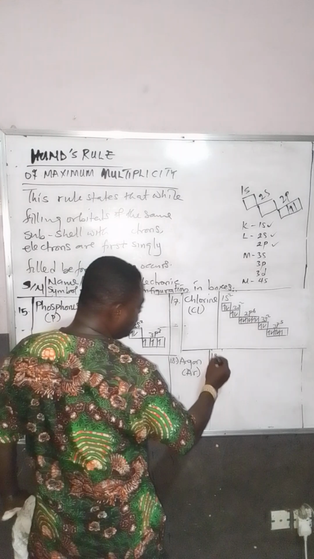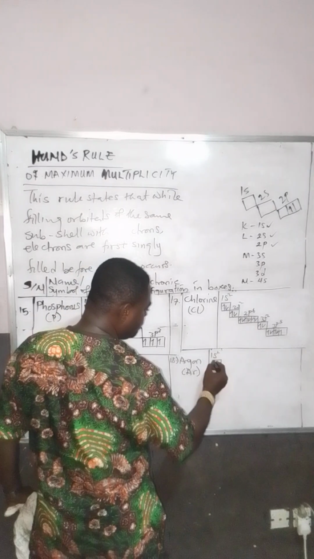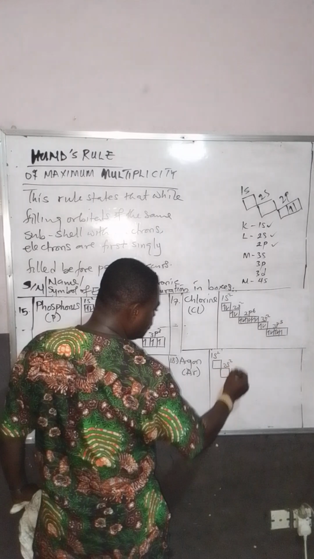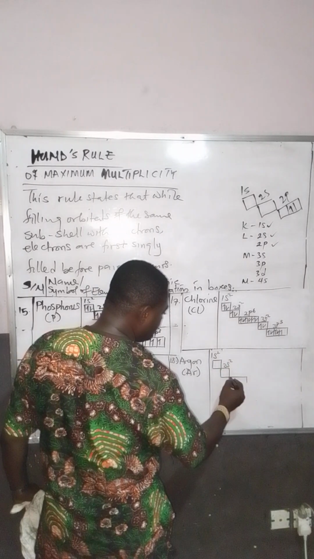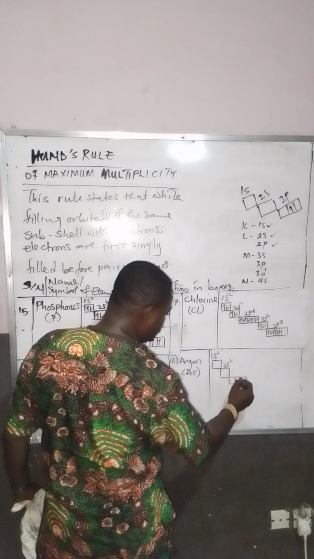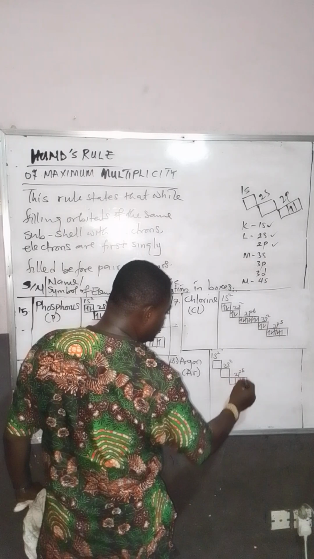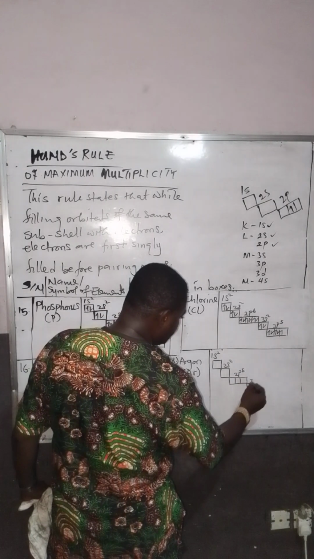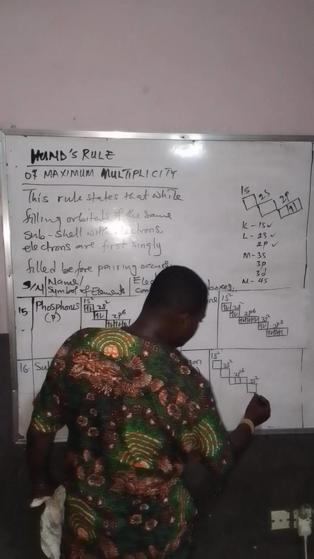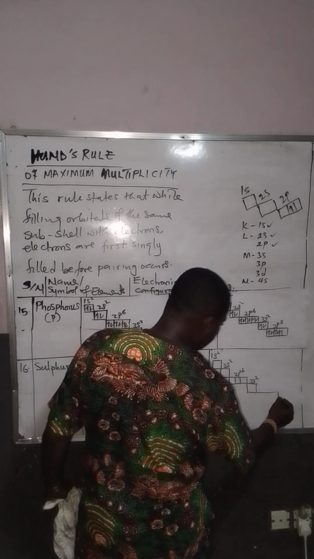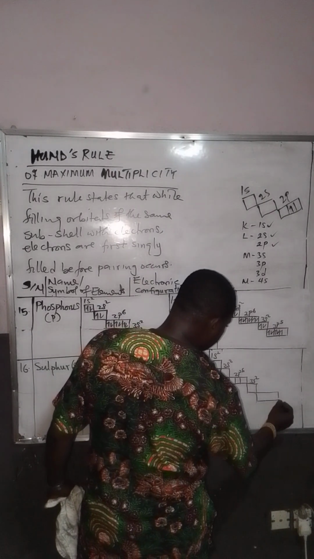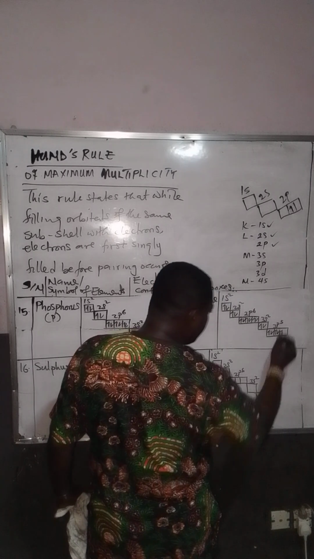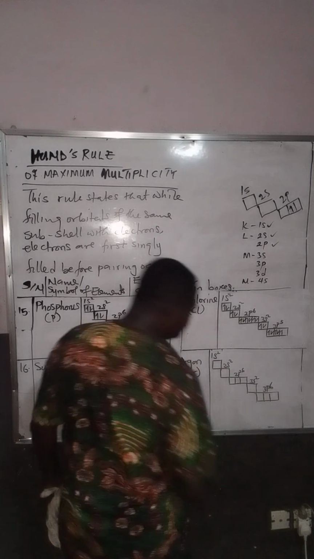So this one is going to be 1s2, 2s2, 2p6, 3s2, 3p6.